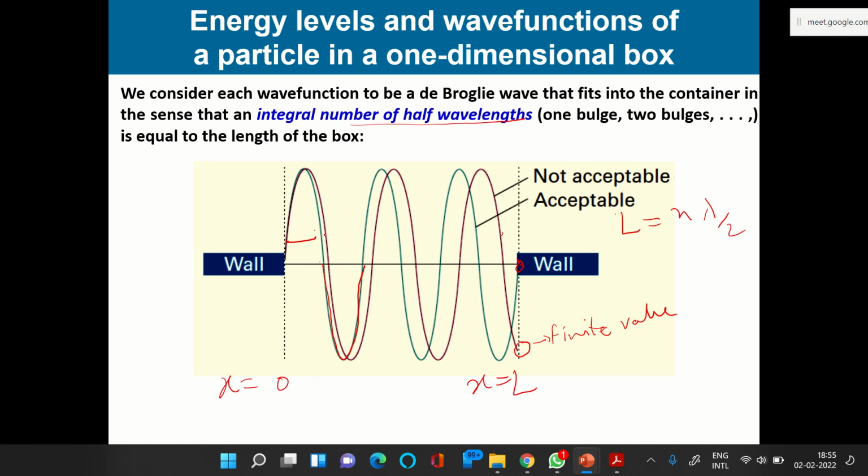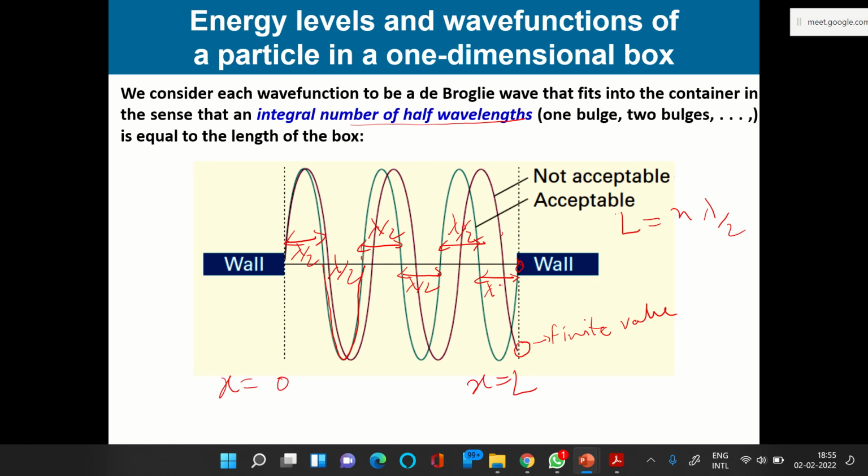This is 1 lambda by 2, this is another lambda by 2, this is the third lambda by 2, then another lambda by 2, then another lambda by 2, and in this way finally this last lambda by 2.